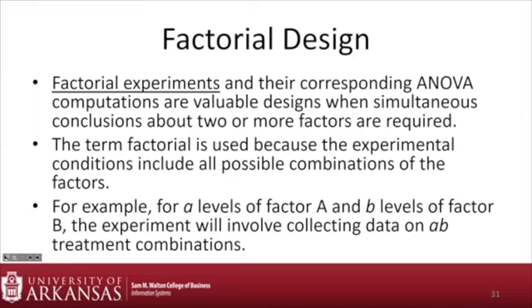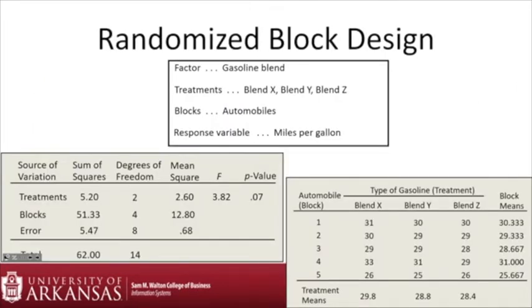For the factorial design, we're looking at conditions with 2 or more factors. So now we're leaving the realm of, for our completely randomized design, we have 1 independent variable. For our randomized block design, we still just have 1 independent variable, 1 factor.